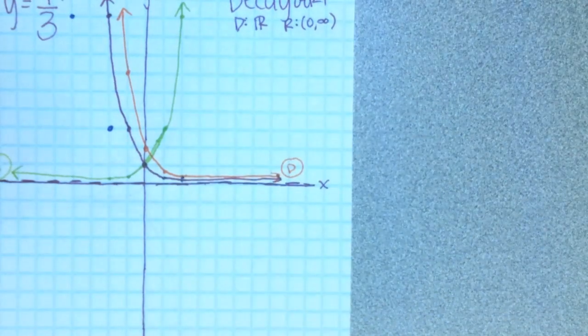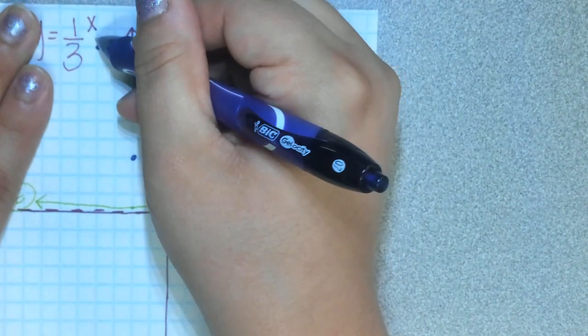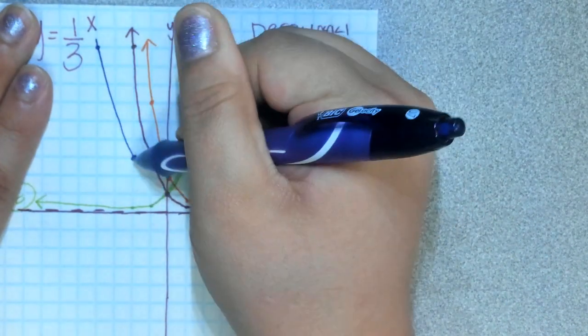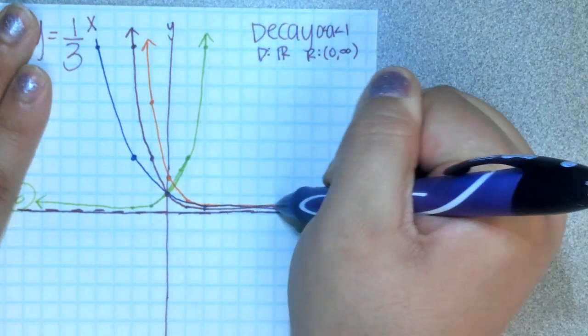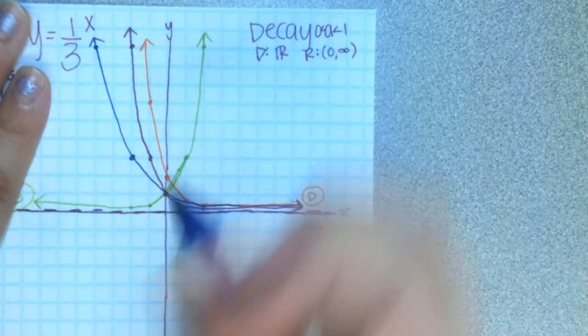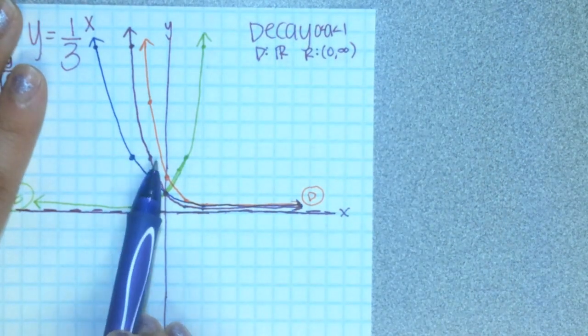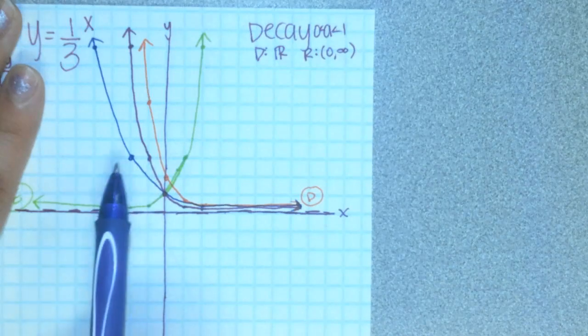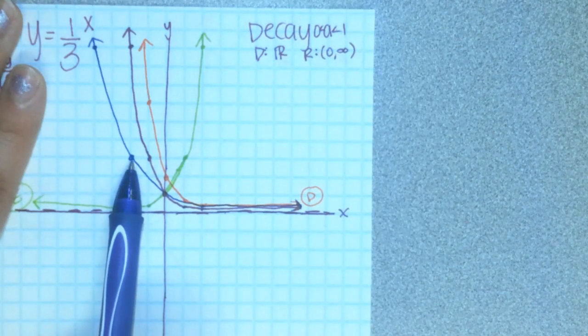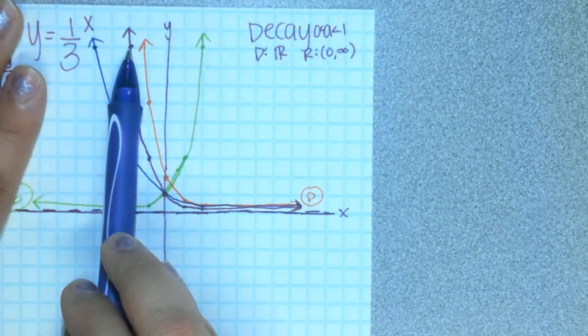So what happened here? This stretched horizontally because it took each point and it multiplied its x by 2. So this right here was at -1,3. Now it's at -2,3. This was at -2,9.